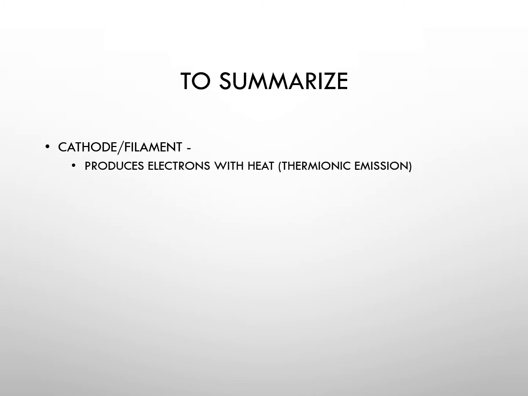To summarize, the cathode is a source of electrons necessary for X-ray production. It is heated to white hot and the electrons boil off its surface by a process called thermionic emission. The cathode is made of tungsten because tungsten has a very high melting point.